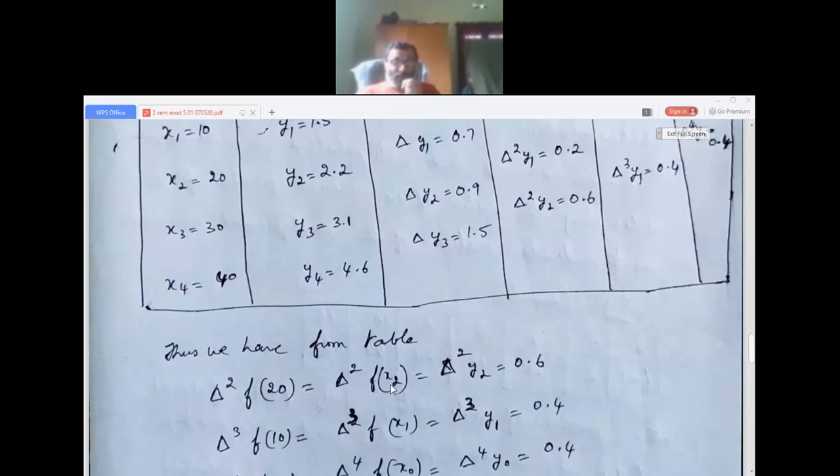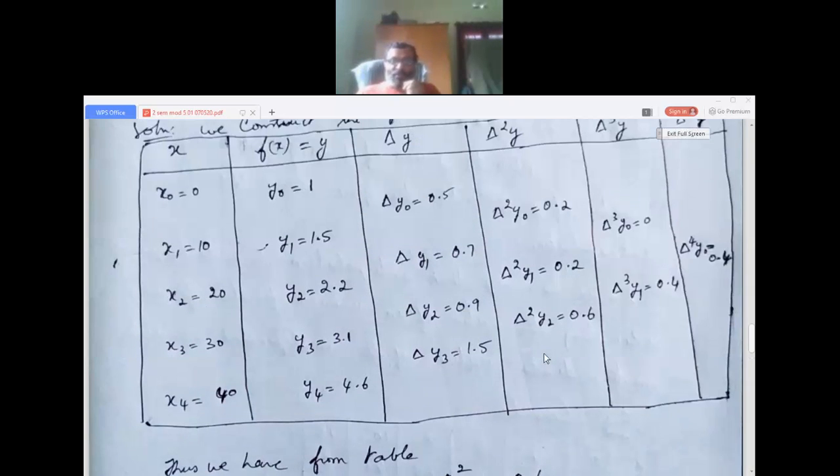Del squared is written as it is, and f of x2 is nothing but y2, by the definition that f of x1 is y1, f of x2 is y2, f of x3 is y3, like that. So del squared y2 is 0.6.